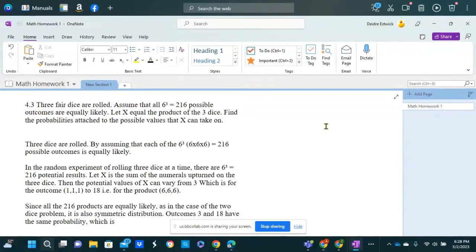Then you have up to 6, because if you get a 1, 6, 6, you get 36. If you get a 6, 6, 6, you get 216. So the random variable x has many values. And then you have to calculate the probabilities.